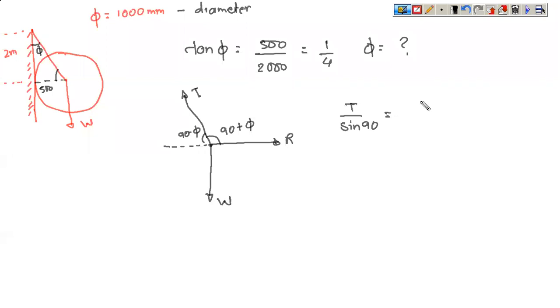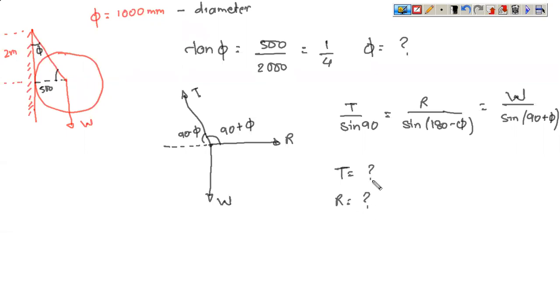This is equal to R divided by sine of the angle between the other two forces, so this is sine of 180 minus phi, and this is equal to W divided by sine of 90 plus phi. So obviously if the value of W is given to you, and you have calculated the value of phi, you can calculate T and R on your own end.